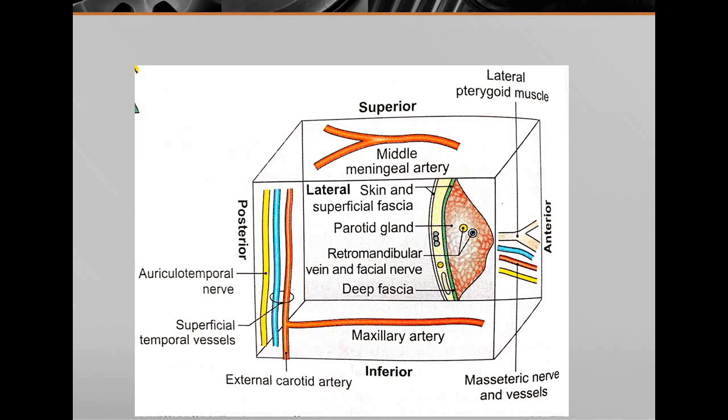Then the anterior relations are the lateral pterygoid muscle, masseteric nerve, and arteries. Posteriorly, it relates to the superficial temporal blood vessels and auriculotemporal nerve. So now we have studied the lateral, anterior, posterior, superior, and inferior relations.